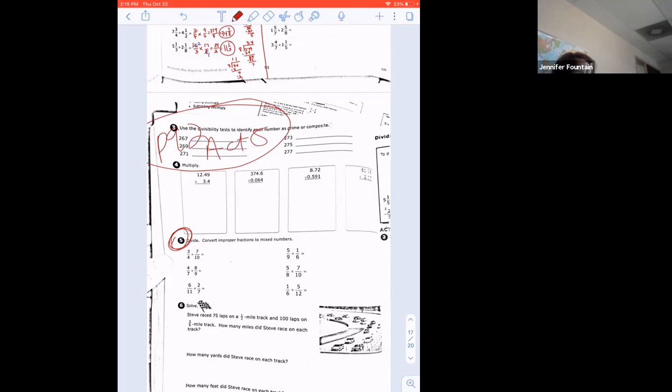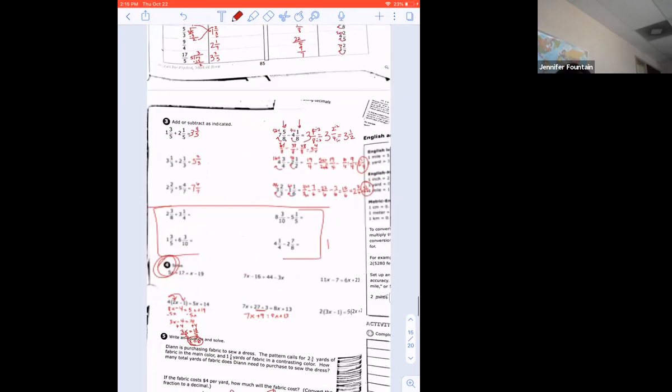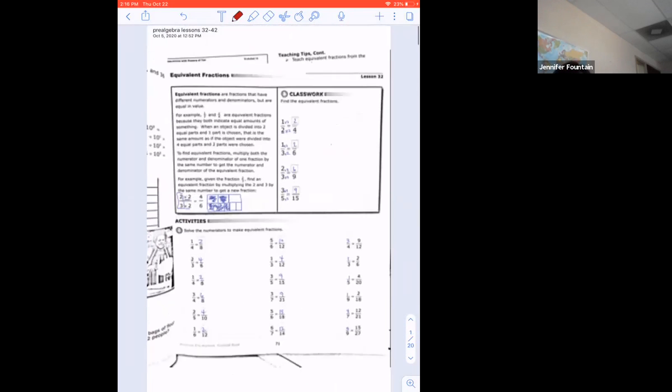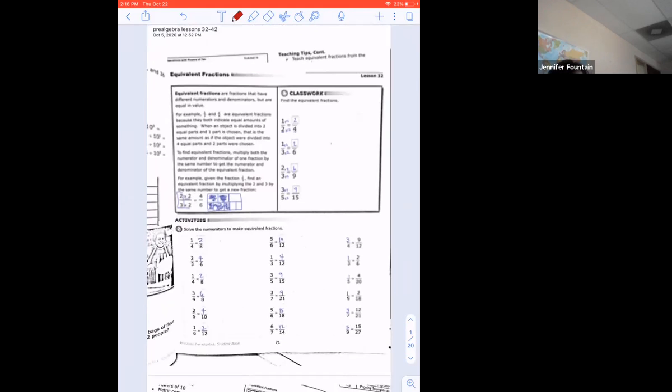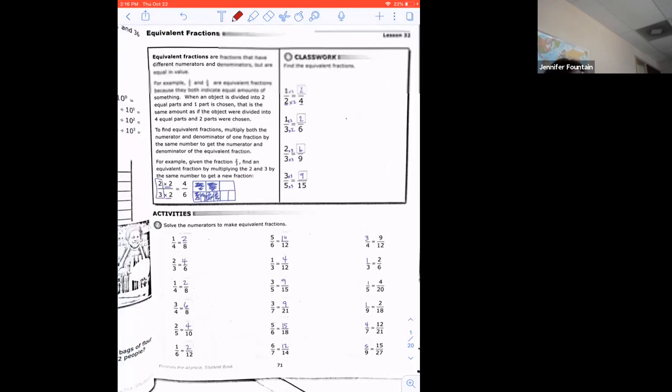Notice that I've broken it into each lesson. So in your textbook, go ahead and open up to lesson 32. Now I'm going to back up on my screen to lesson 32. All right, so lesson 32 is where we started talking about equivalent fractions.